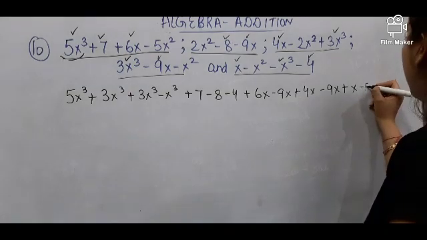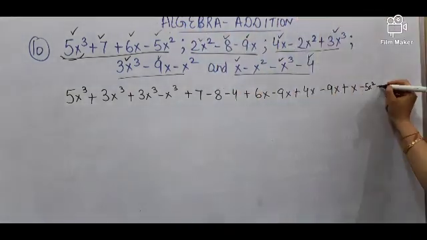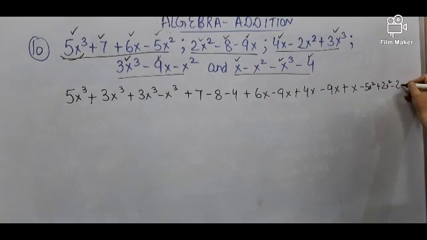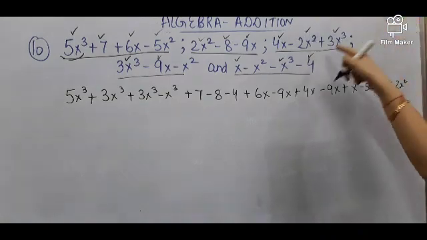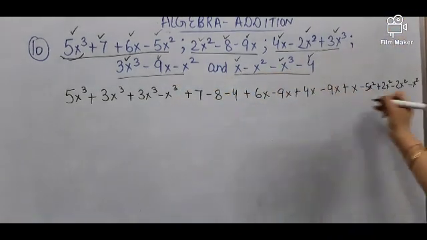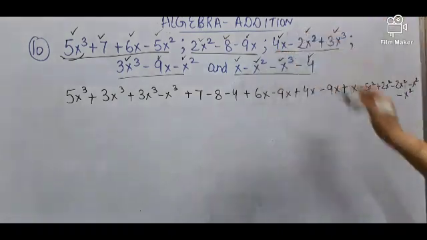So minus 5x square, then plus 2x square, then negative 2x square, then minus x square, and then again minus x square. Yes, we have done this x square.